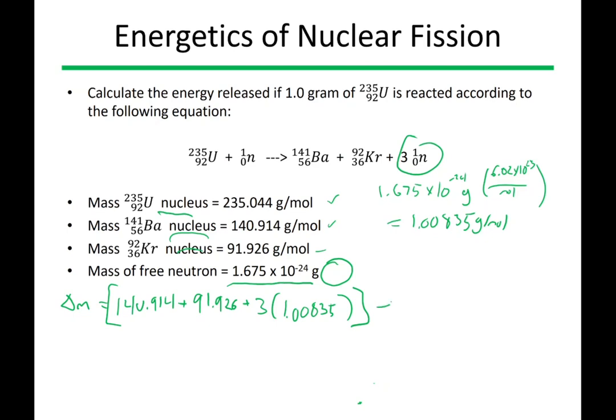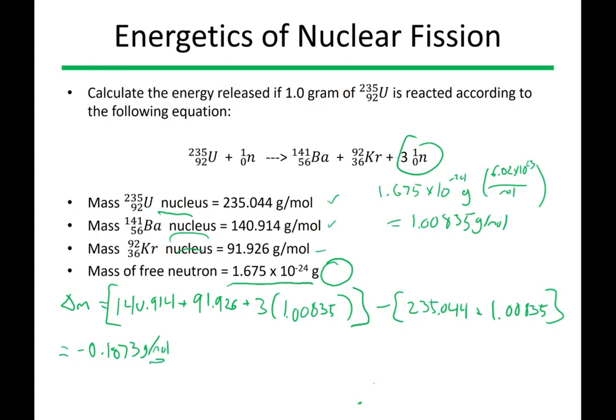So this is just uranium and 1 of these neutrons. So if we plug all of this in, we get that we're going to lose 0.1873 grams per mole of this reaction, or per molar of the reaction.